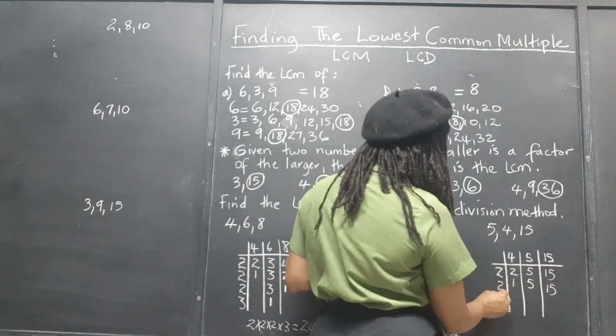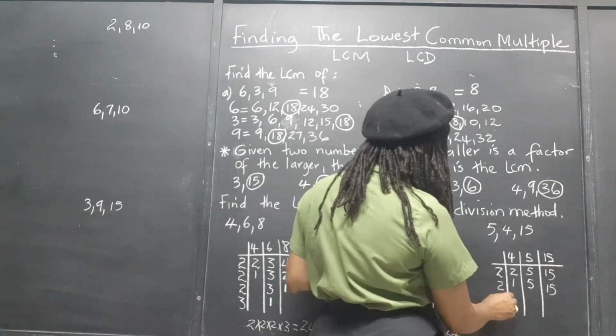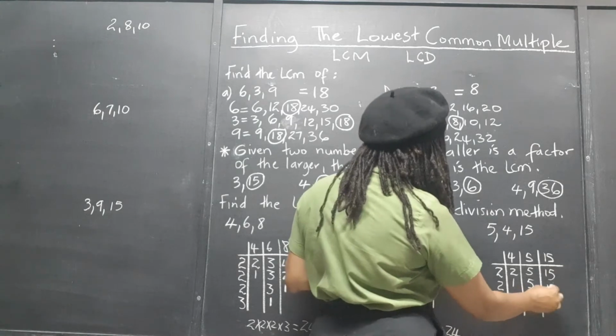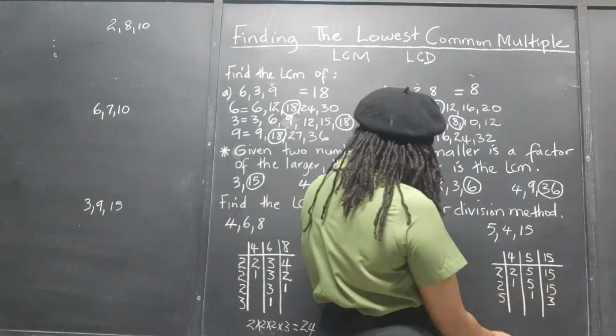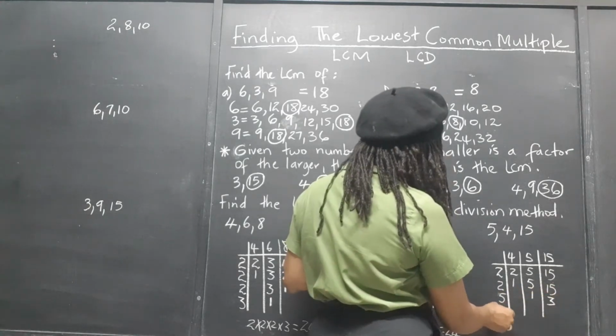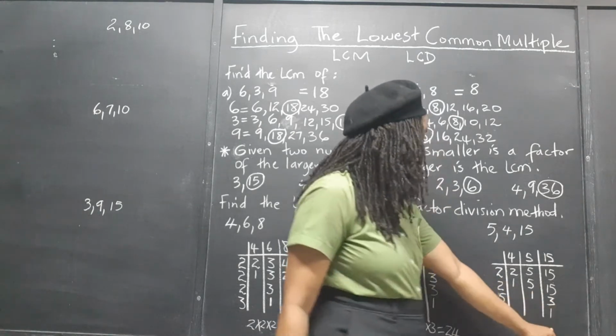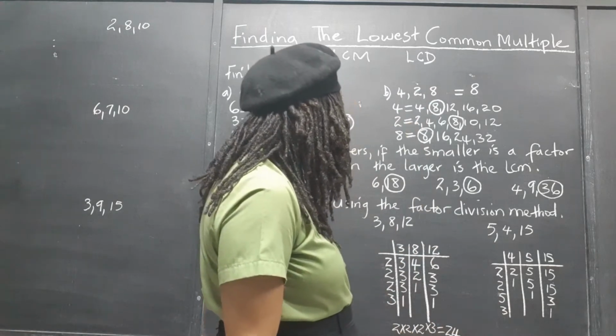Let's try 5. 5 goes into 5 one time and into 15 3 times. And now we try 3. 3 into itself once. So we have a 1 in each column.